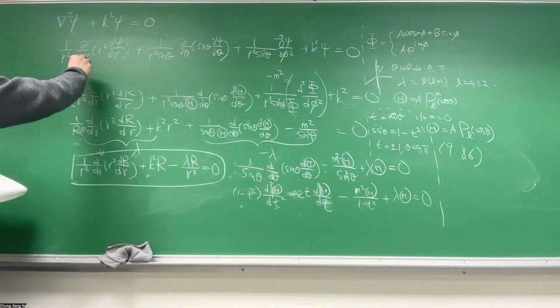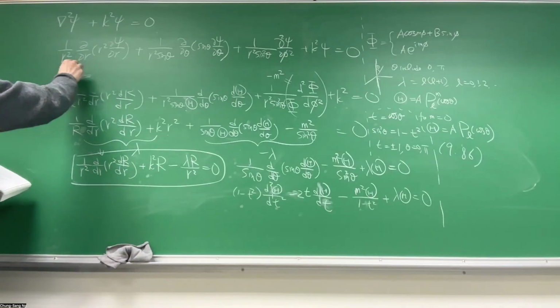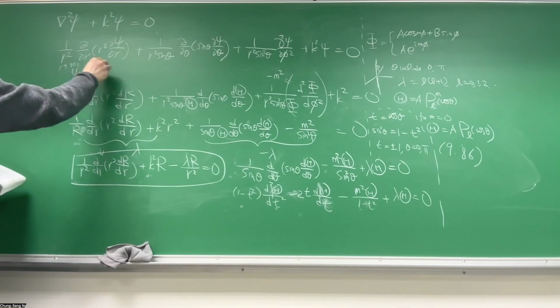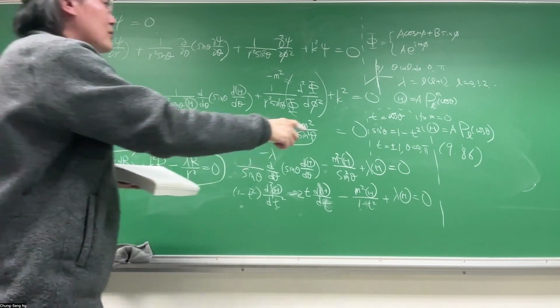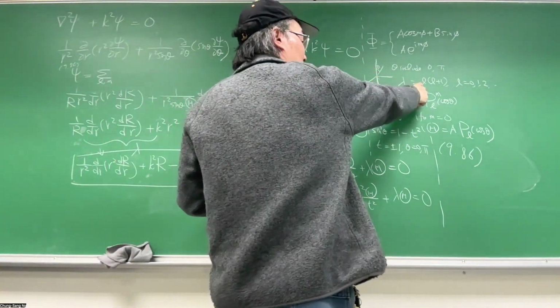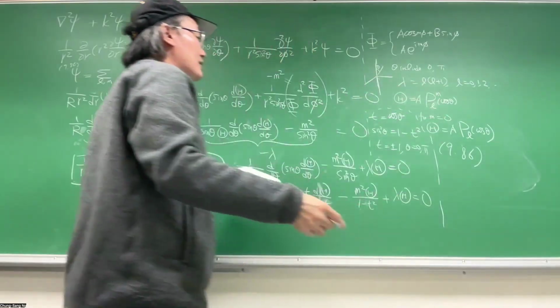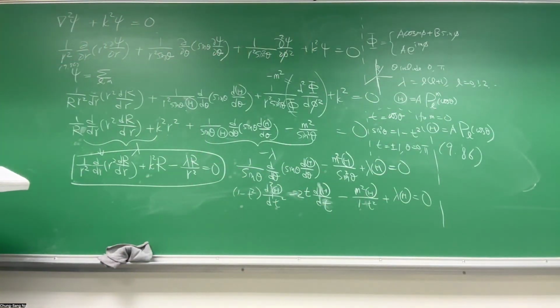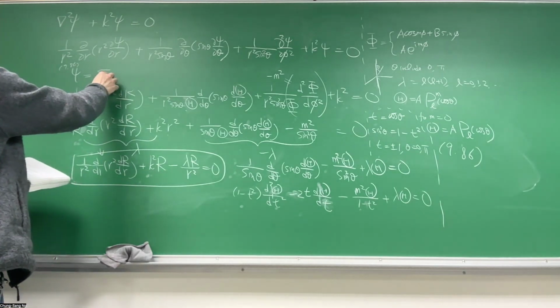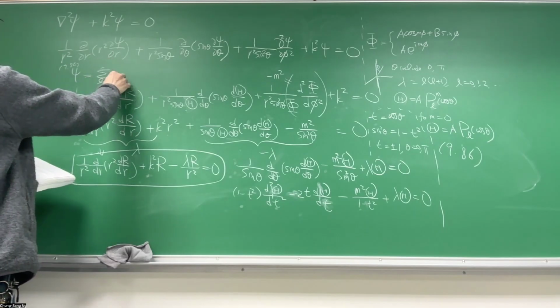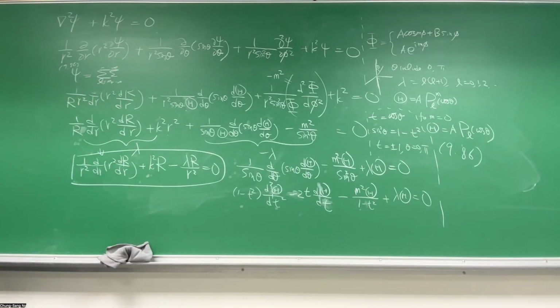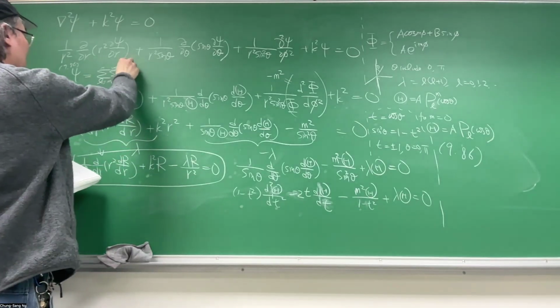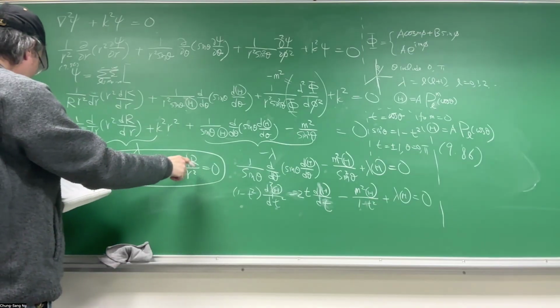The general solution is 9.86, the sum over all the possible L and M. Now, assuming you include 0 and pi, so you restrict to this case, lambda is L times L plus 1. The solution is the associated Legendre function. So you sum over L, where L is from 0 to infinity, and M is from minus L to L, or integer.